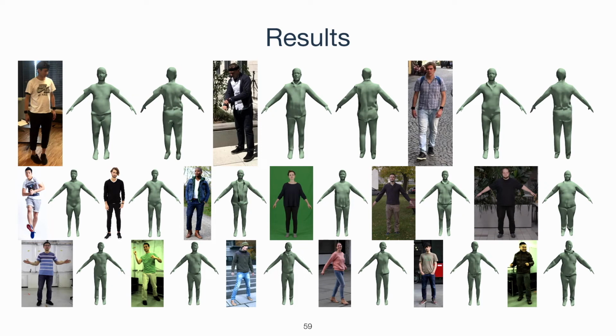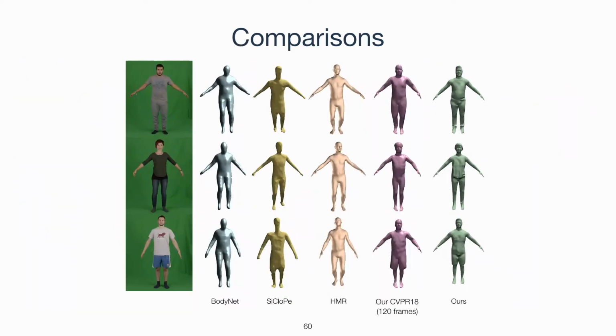And yeah, just some comparisons. On the left, you see BodyNet and Cyclopy. These are voxel-based methods, so they go from images to voxels. And you see they are really lacking some detail. In the middle, you see a method that is just using the simple body model.